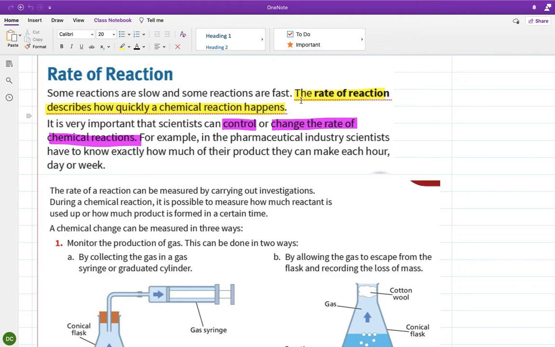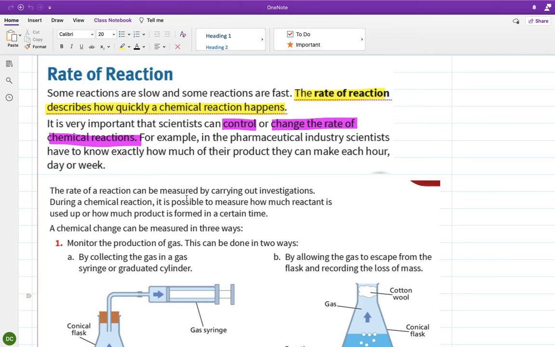In the pharmaceutical industry, they need to be able to do that. They need reactions to happen particularly quickly or particularly slowly, so that they know how much product they can make and produce. Like all the people that are producing the vaccines at the moment, they would need to be able to say, right, I can produce this much vaccine over the next 8-hour shift. And then obviously they can scale that up to how many people they have working, over how many hours, and so on and so forth.